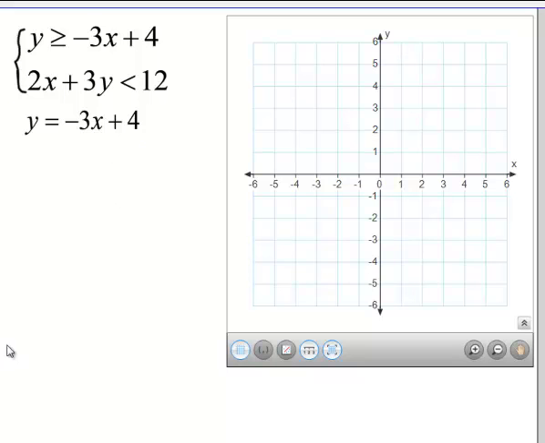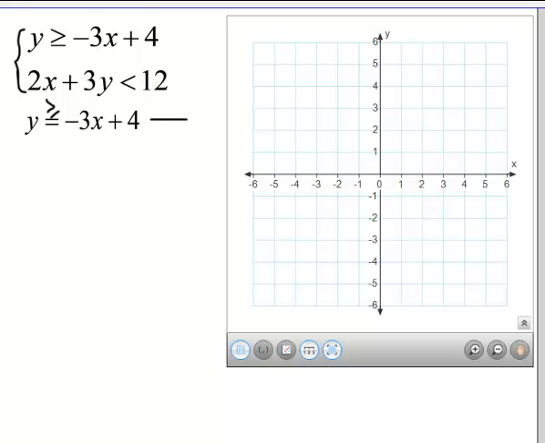Still, you have to keep in your mind that actually the sign of the inequality is greater than or equal to, and it means that the line is going to be the solid line. So I'm going to put it right here as a reminder that I'm going to graph the solid line.